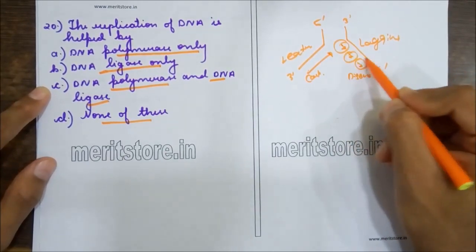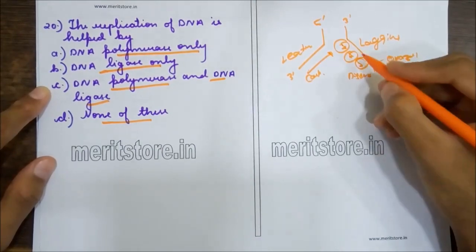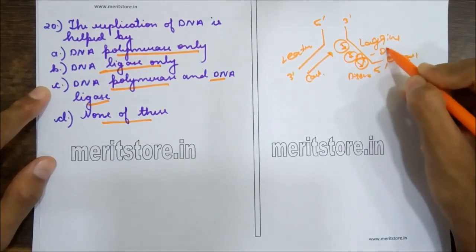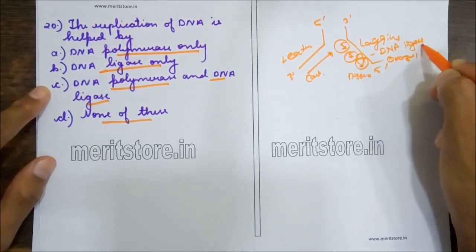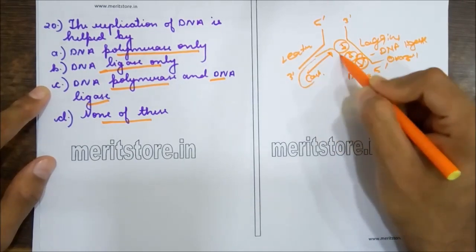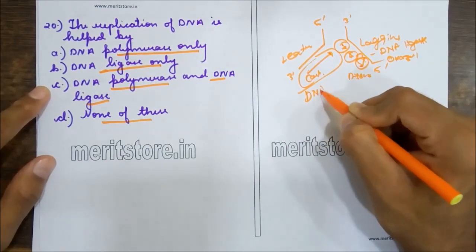These small fragments of DNA, which we call Okazaki fragments, are joined to each other by the enzyme known as DNA ligase, and the enzyme responsible for continuous polymerization or synthesis of DNA is DNA polymerase.